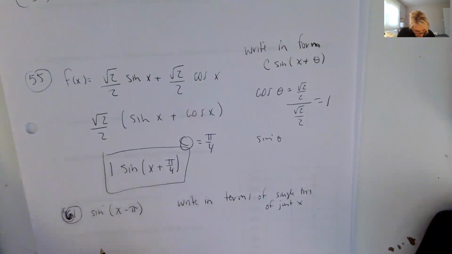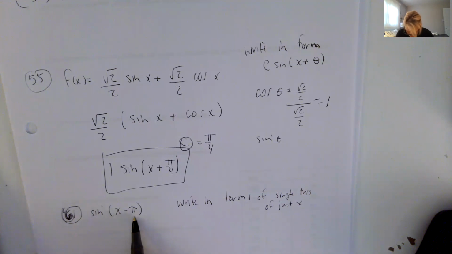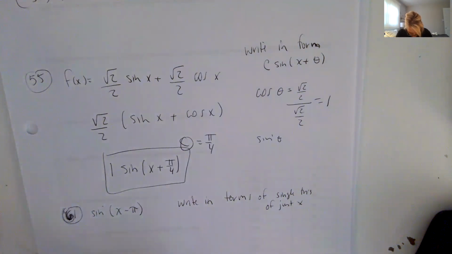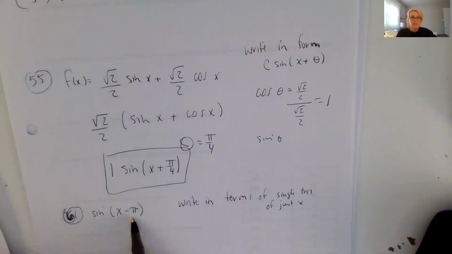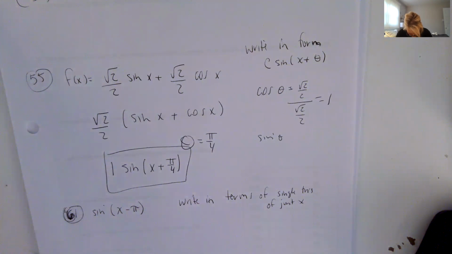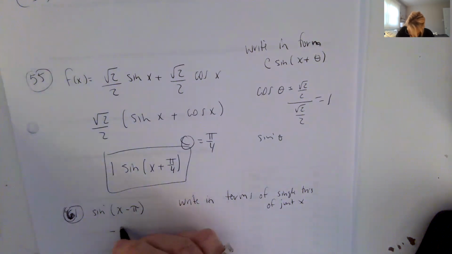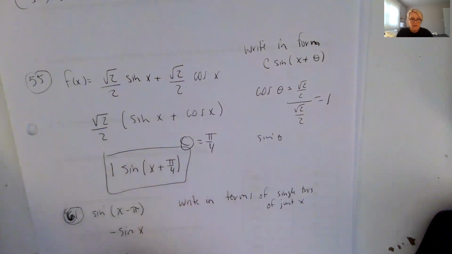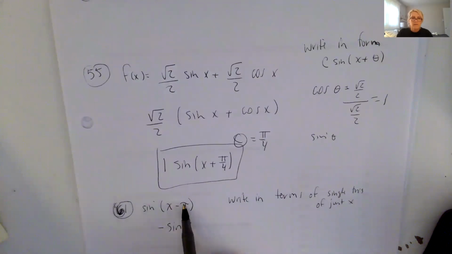Okay. Then number 61, the last one, says write in terms of a single trig function of just x. So we have sine of x minus pi for 61. And we know that x minus pi can be written as just the negative of the sine of x, because sine of pi is 0.